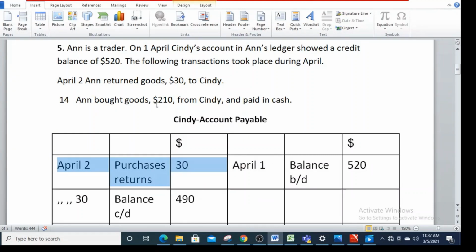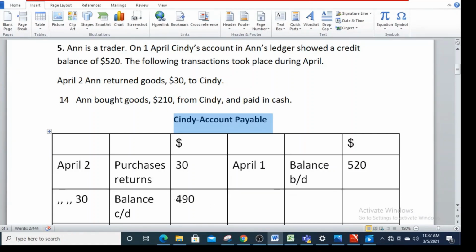You bought goods 210 from Cindy and paid in cash. Now this is the catch point in this question. When you are paying in cash, remember it is a cash transaction and it will not be entered in accounts payable. So you leave that transaction, you quickly balance the account, 30 on the debit side and 520 on the credit side.